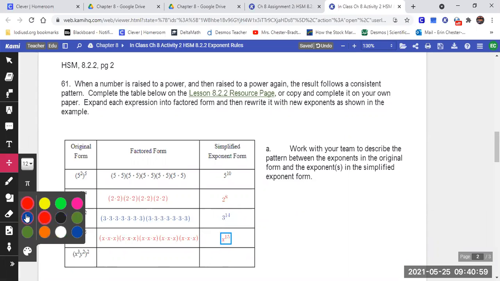Okay. Expand the parentheses. What are we going to have?